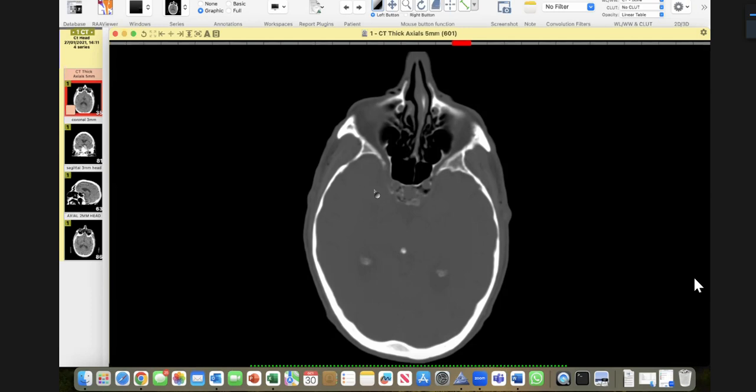In my experience, I've picked up quite a few, one of them with incidental venous gas, particularly in the cavernous sinus. So the mechanism is very interesting.